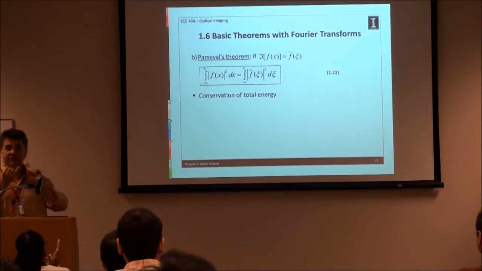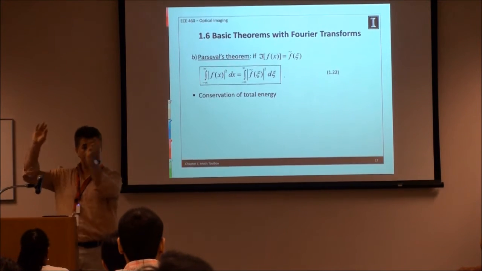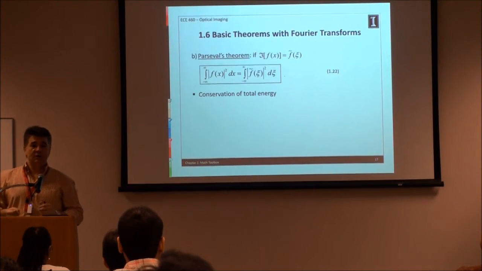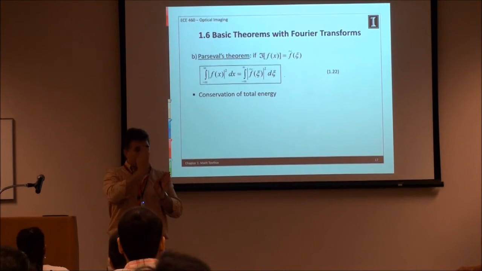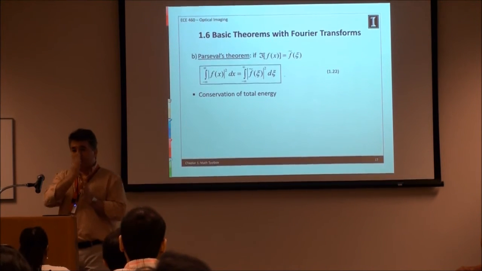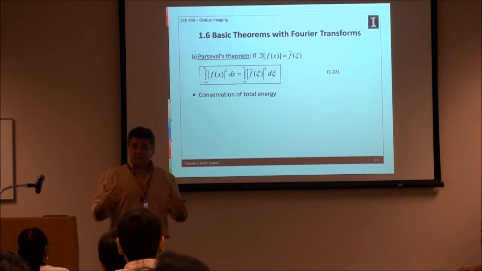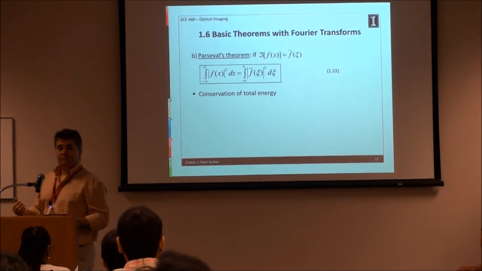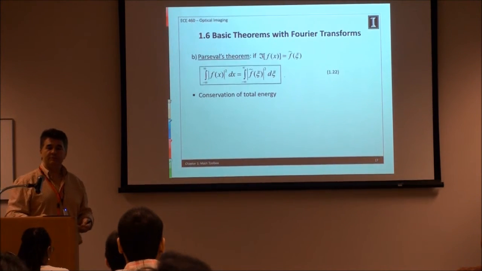So what did we do so far? Linear systems, very basic result. 2 inputs, all I need to do is to add the 2 solutions. That allows me to use the simple property of a delta function to break a general input into a succession of delta functions. Or I can break it into sinusoids. Some people call the first one the Green's method, the second one the Fourier method.